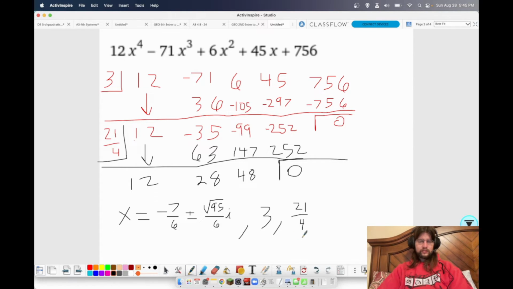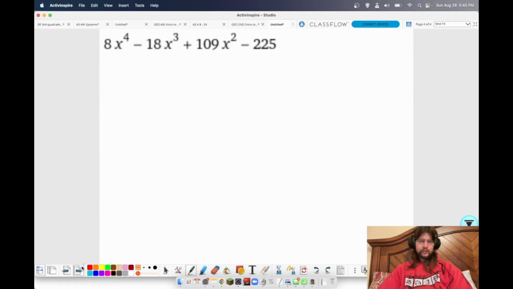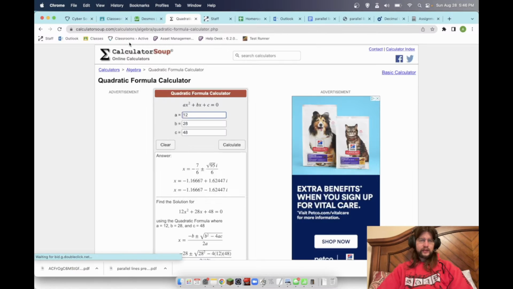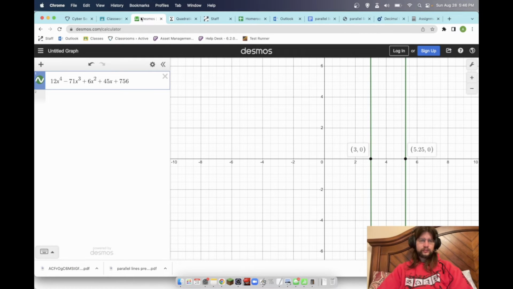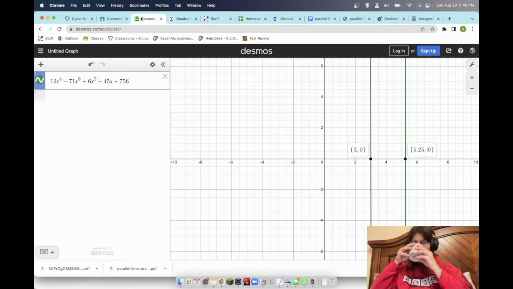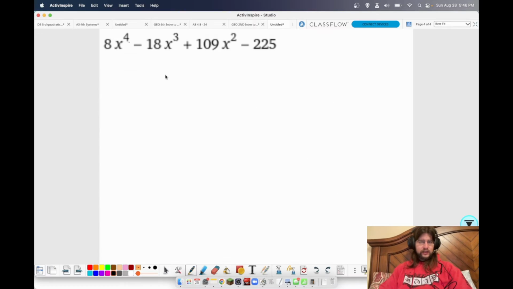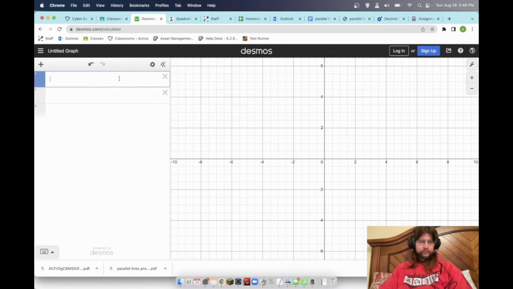Alright, we'll do one more example, but it's the same old, same old. Okay, let's try this one. Again, it's 4th degree, so we're going to need to find at least 2 zeros from Desmos. 8x to the 4th.